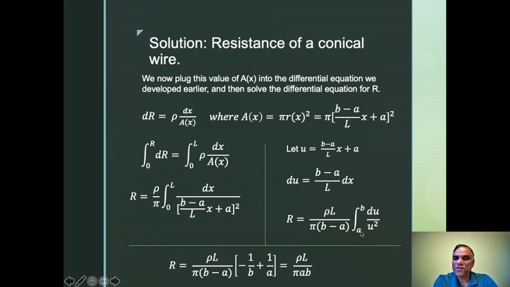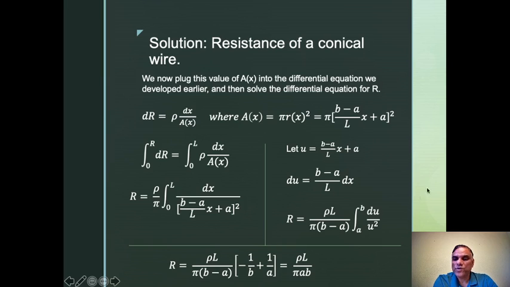Now you have to be careful about the limits. Okay, when x is equal to 0, then what is u? When x is equal to 0, u is equal to a. So that's what happens here. And what happens when x equals L? When x is equal to L, the two L's cancel out and you get b minus a plus a, which is b. So the limits of our integration change, okay, as you make that substitution.